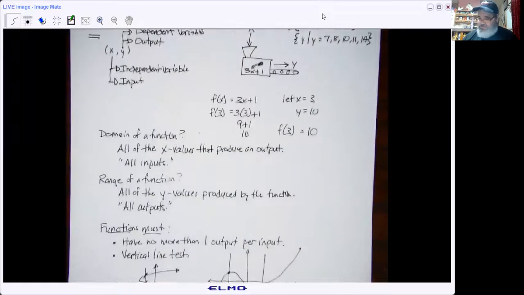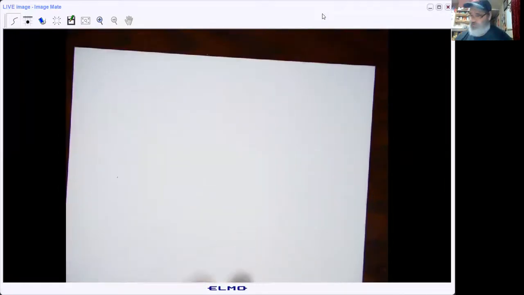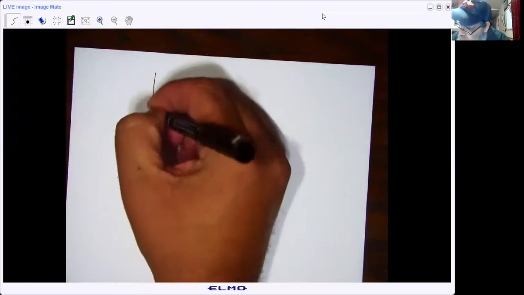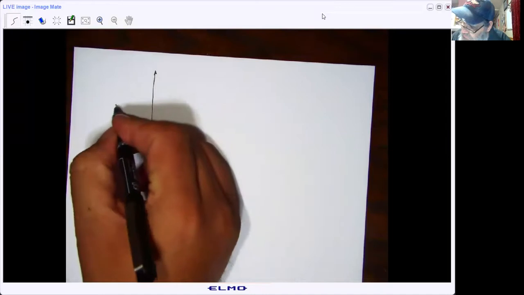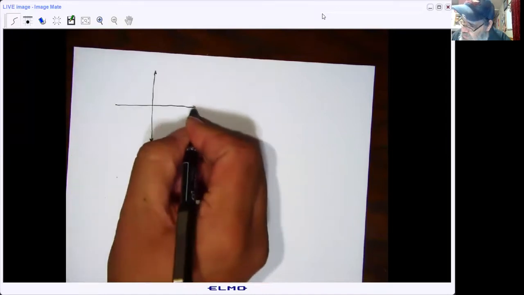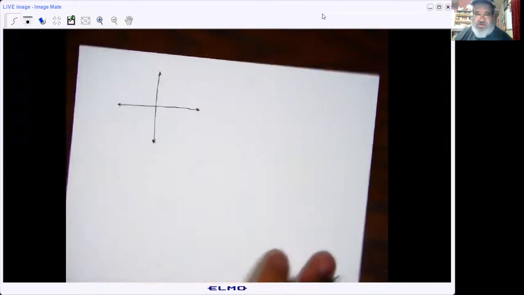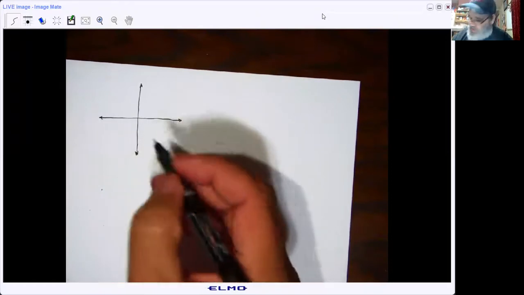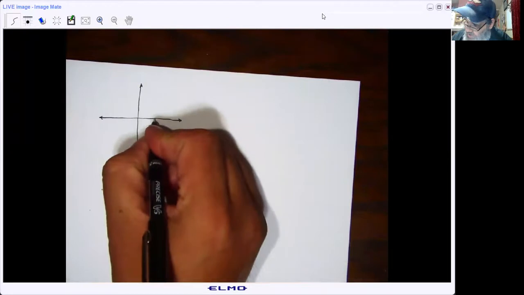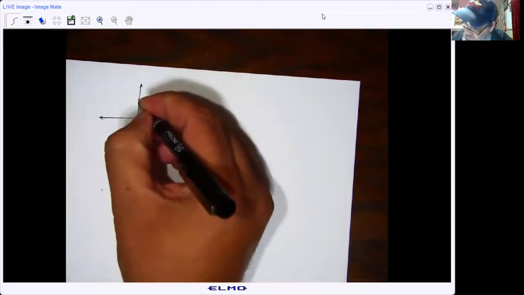So what happens is, if we were to actually graph these points, and let's do that real quick. If we graph this, and I'm going to run out of space, but we'll try to make it work. So we have 5 and 7.